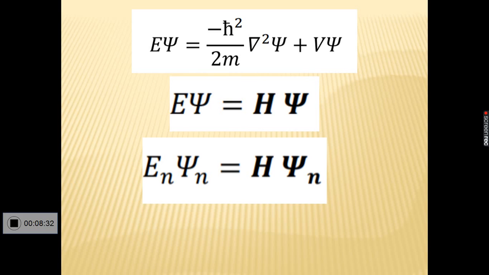Corresponding to the position operator, momentum operator, potential energy operator, kinetic energy operator, total energy operator, and Hamiltonian operator, we can write an eigenvalue equation. They all have eigenvalues and corresponding eigenfunctions. The momentum operator operating on a wave function will give the momentum eigenvalue and momentum eigenfunction.